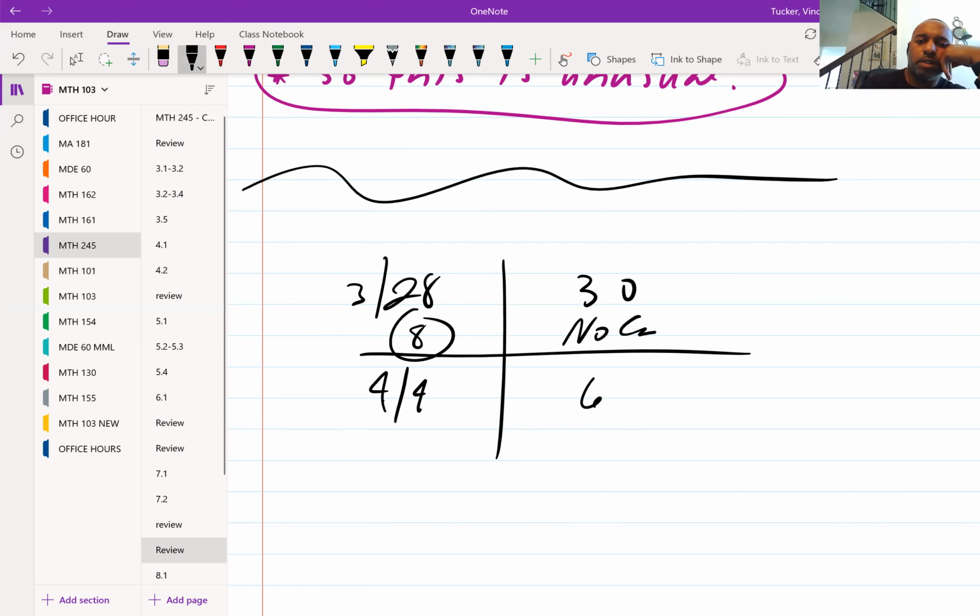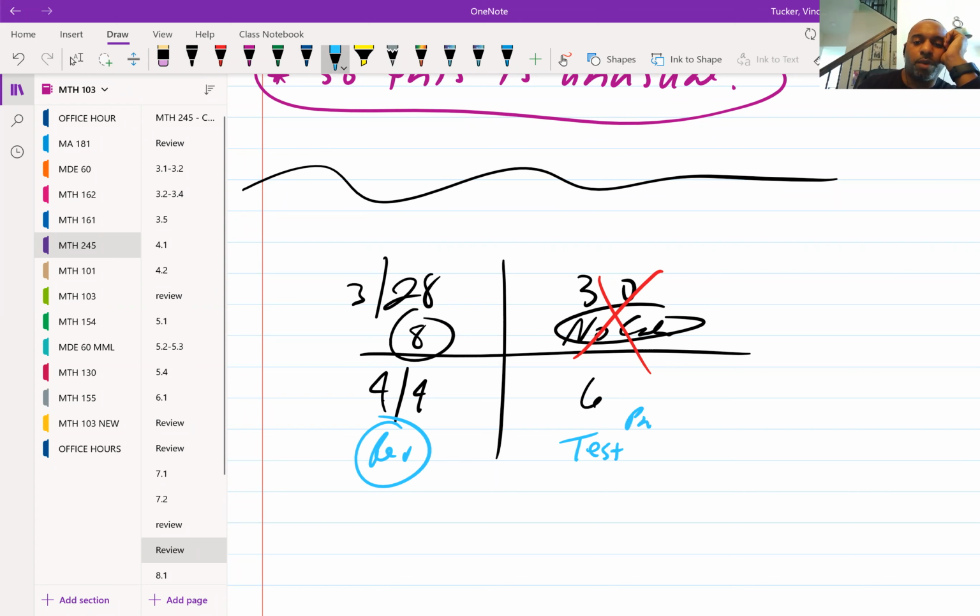So no class here. So we're looking to review on next Monday. So we're looking to do a proctor test on this stuff. No, at the earliest next Wednesday.